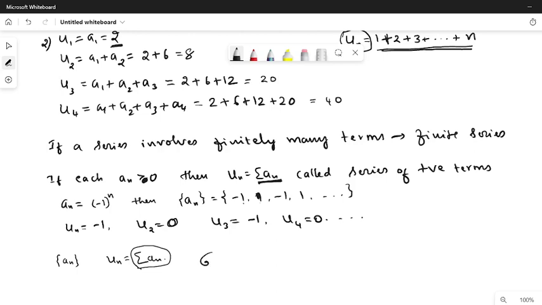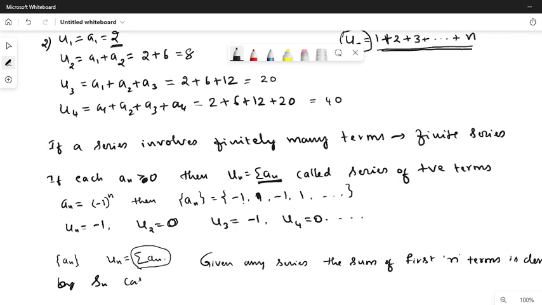So given any series, the sum of the first n terms is denoted by S_n.